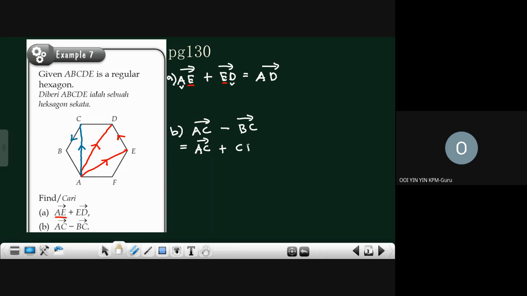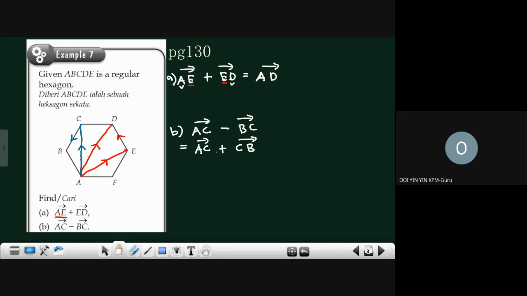BC becomes vector CB. You can always interchange the plus or minus by inverting BC to CB. If you want to change the positive and negative sign, you must flip your B and C.